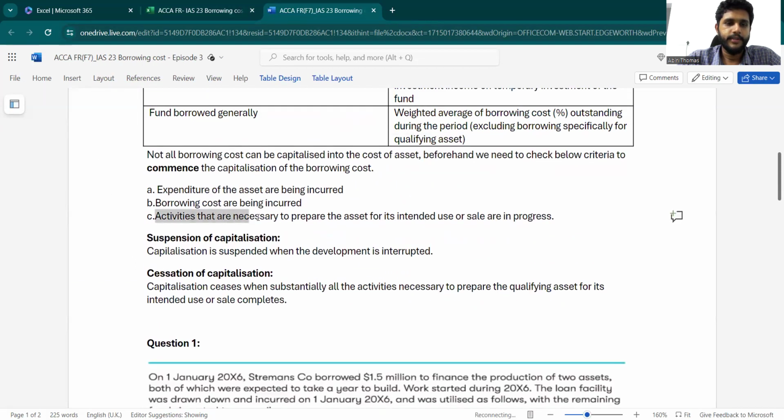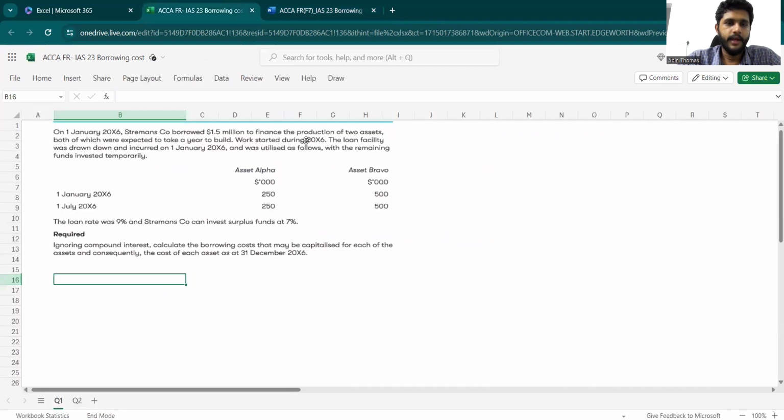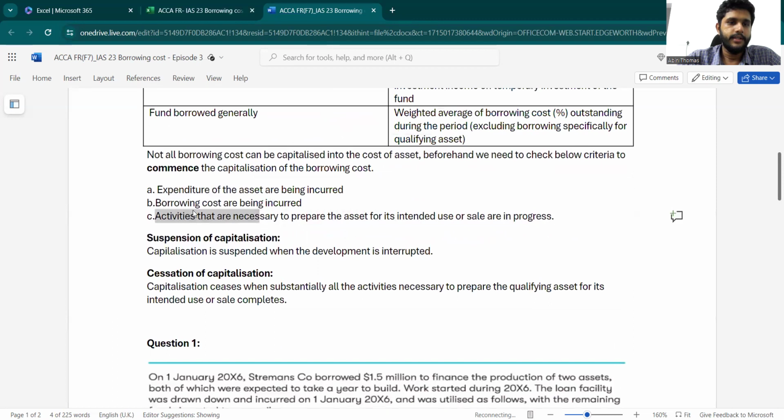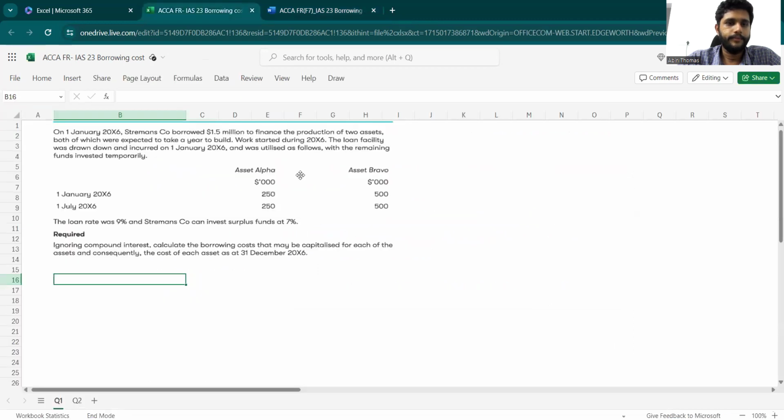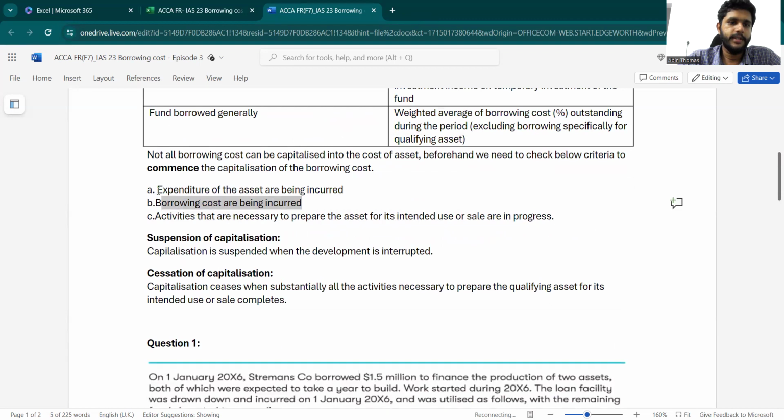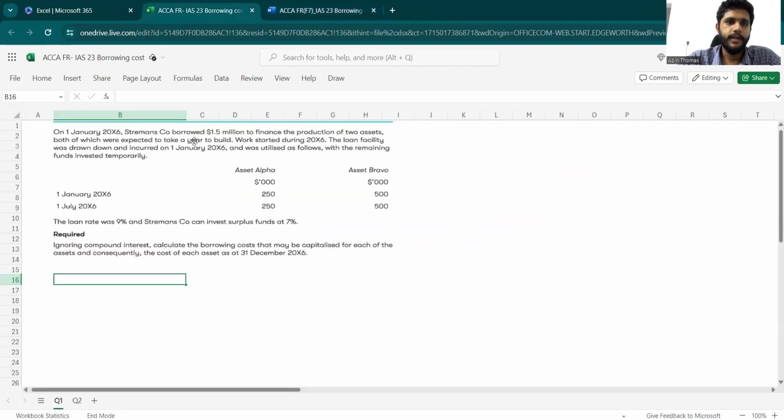They have started the activities, and then the loan facility was drawn down and incurred on 1st January 2026. Also, our second point, borrowing costs are being incurred and the funds were utilized as below. So they have utilized also, so the expenditure has been incurred. So these three conditions are met in our question.